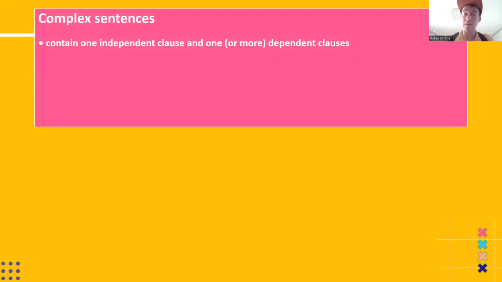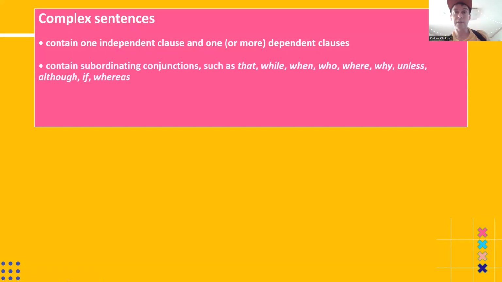Both have a subject and a verb. Well, that's what a complex sentence is. A complex sentence has one independent clause, a complete thought, and at least one dependent clause, an incomplete thought.